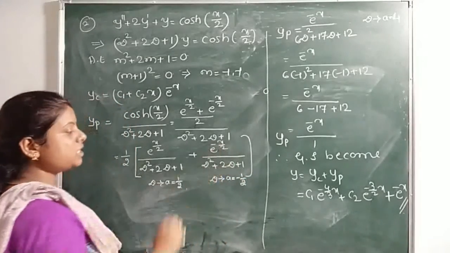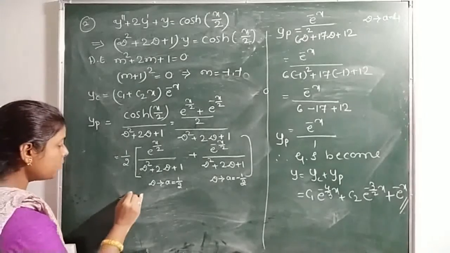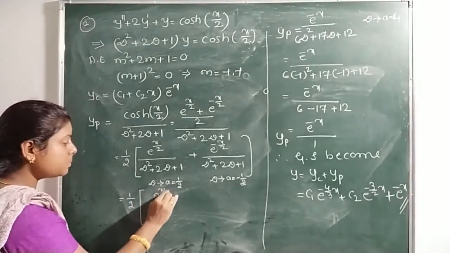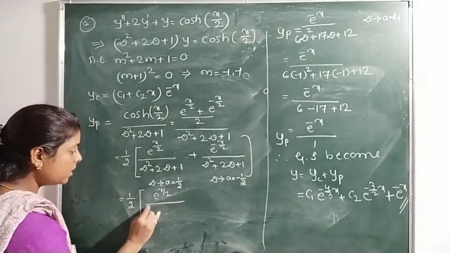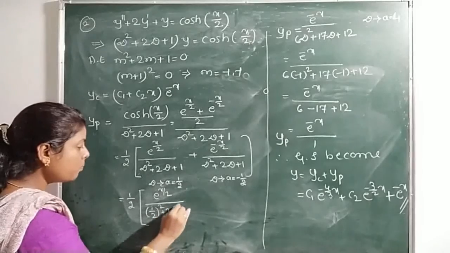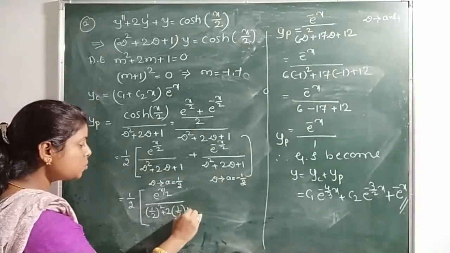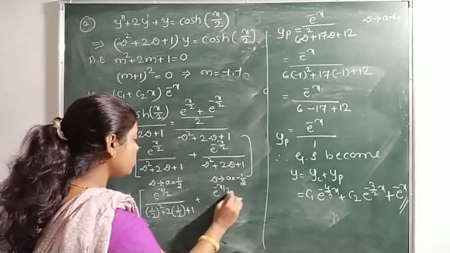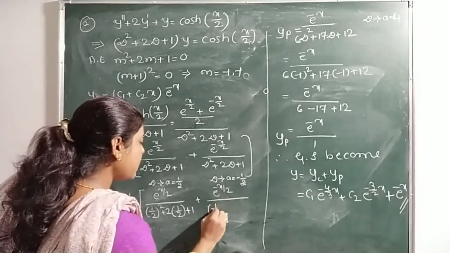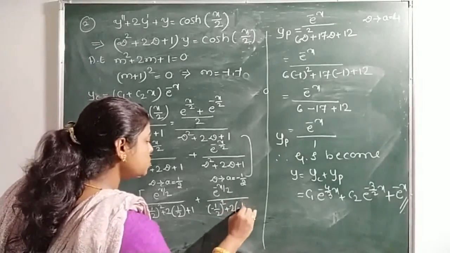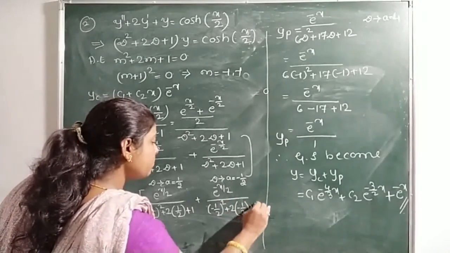X coefficient is minus 1 by 2. That we have to write here. E to the power x by 2 divided by 1 by 2 whole square plus 2 into 1 by 2 plus 1, plus e to the power minus x by 2 divided by minus 1 by 2 whole square plus 2 into minus 1 by 2 plus 1.